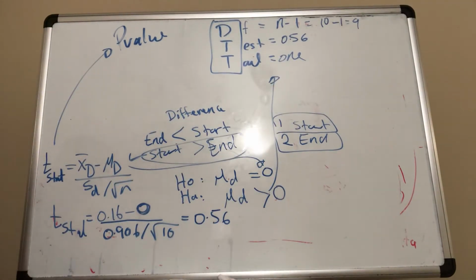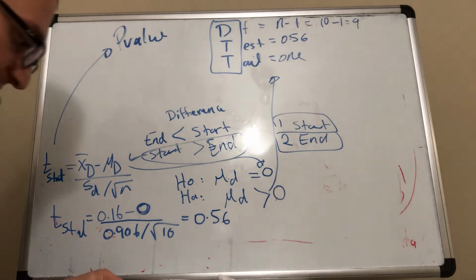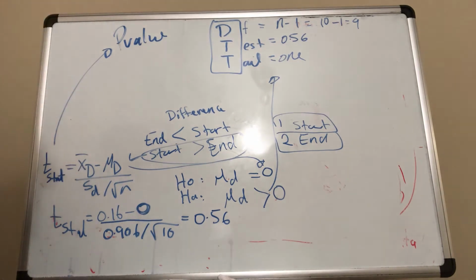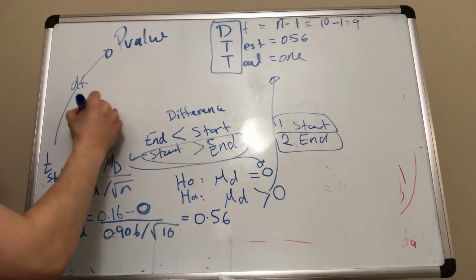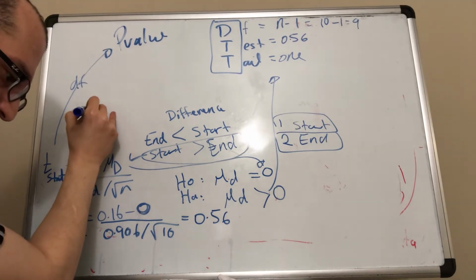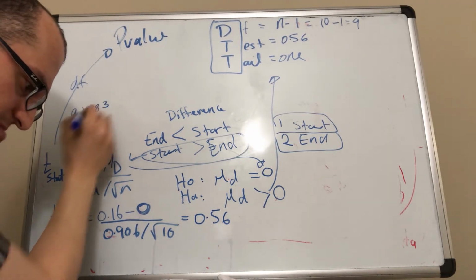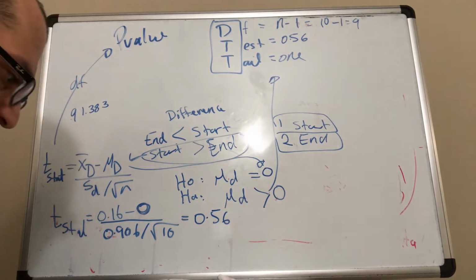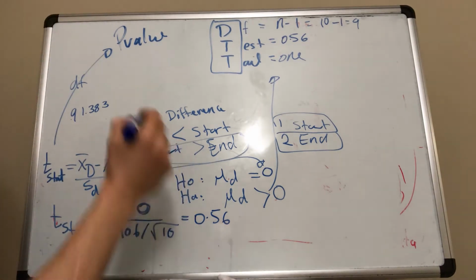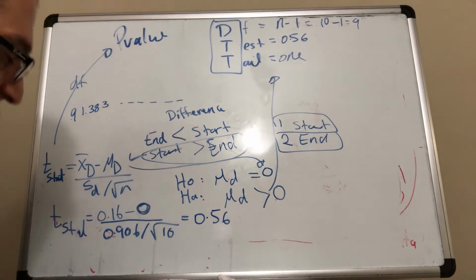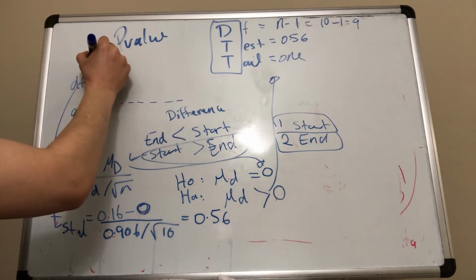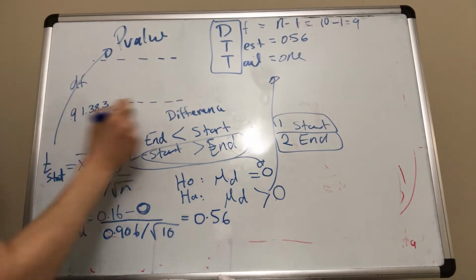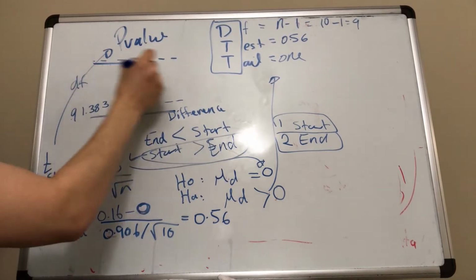So you go to your t-table, down to degrees of freedom 9, and you look for this number. You don't see the number because at degrees of freedom 9, the first number you see is 1.383. Then numbers go up after this, and the one-tail percentage goes down.